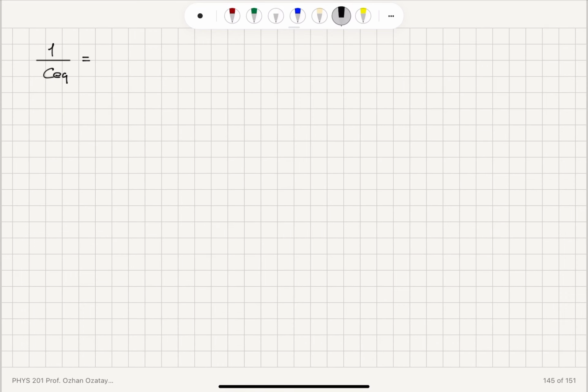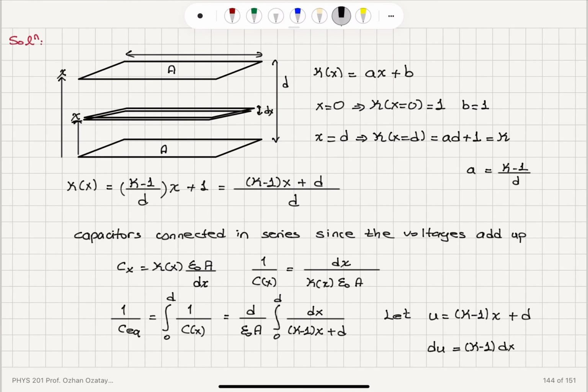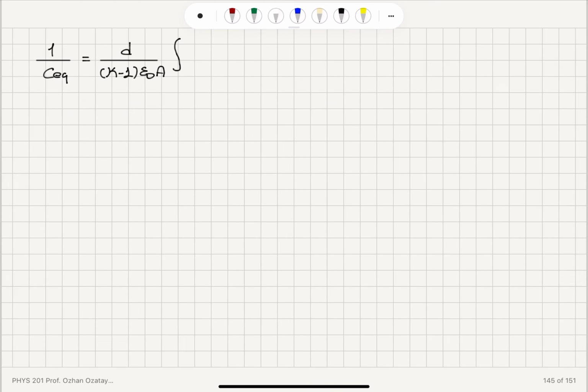So this will become d over kappa minus 1 epsilon 0 A integrated from x equals 0, u is equal to d. When x is equal to d, it's going to be kappa d minus d plus d, so it's going to be kappa d. So u minimum is d, u maximum is kappa d, du over u.